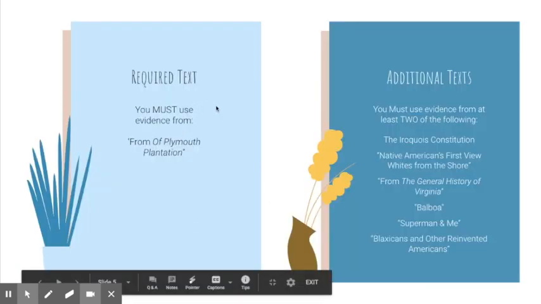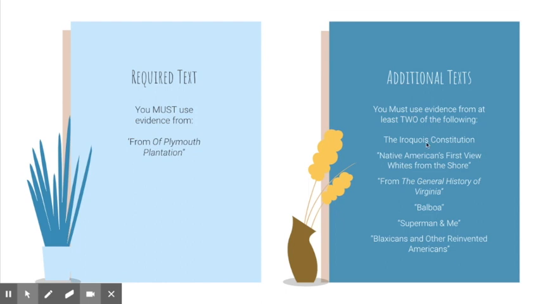Okay, so again, the required text. You must use evidence from Of Plymouth Plantation. That is your first one. And then these are the additional texts that we had. So you need to pick 2. You can look at the Iroquois Constitution, so you can look at how things were run before colonization occurred. Then we have the Native Americans' First View of Whites from the Shore.